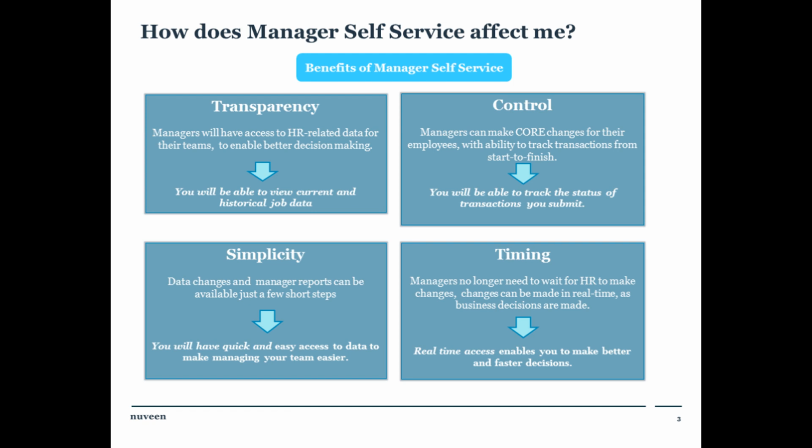So if you're a manager of managers, that means you can see employees that report to even those managers that you manage. And if you're a manager of individual contributors, it's those employees that directly report to you within CORE. And if you're not sure who that is, it effectively means who you can see listed under you on the corporate directory. This enables you to see both current and historical job information for your employee. It's really at your fingertips in CORE.